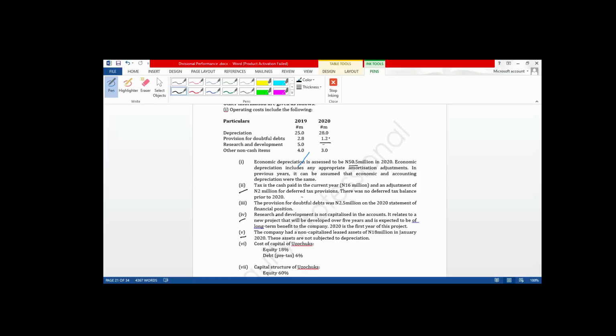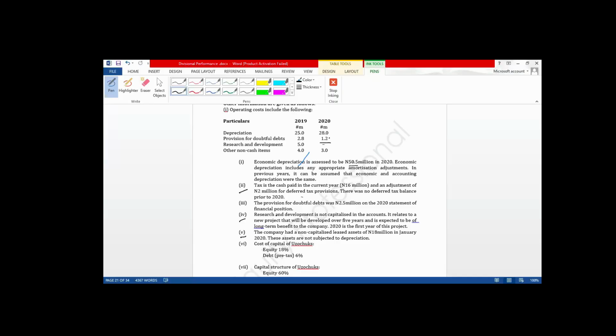The provision in the statement of financial position is different from the provision in the income statement. The provision in the statement of financial position is higher. That means there's an increase in provision.